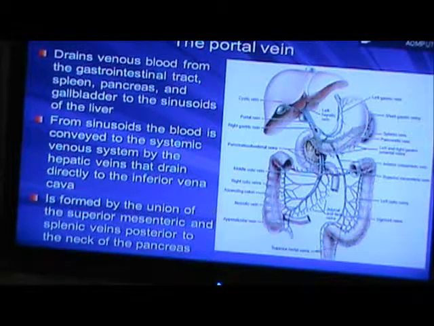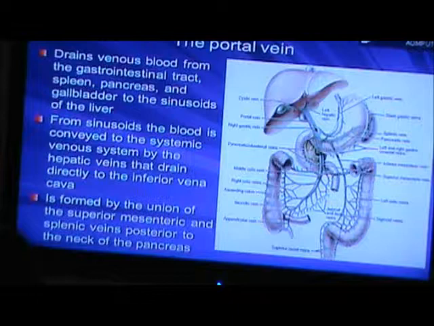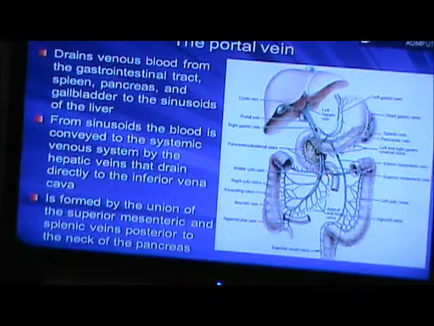From the sinusoids of the liver, the blood is conveyed to the systemic venous system by the hepatic veins that drain directly to the inferior vena cava. Look, now we can see a little bit of the inferior vena cava, and posteriorly we will see it perfectly in our specimens, that the hepatic veins drain into the inferior vena cava.